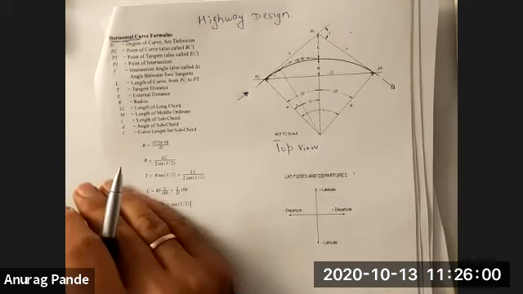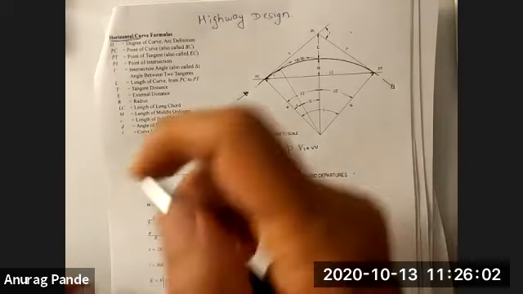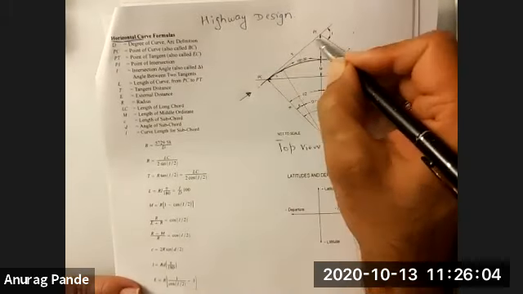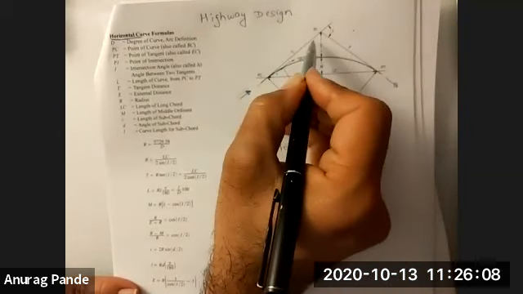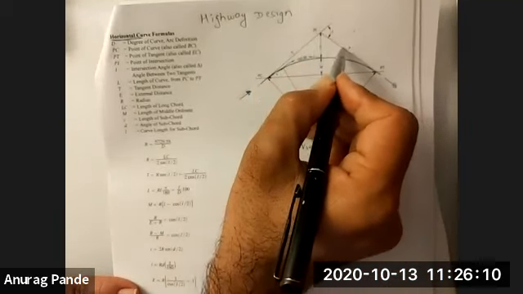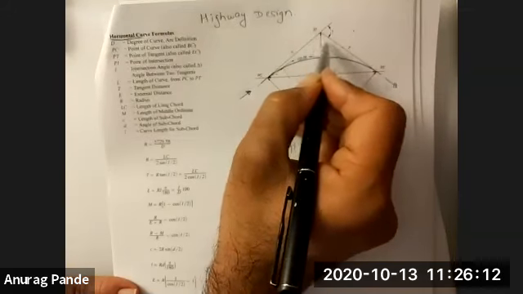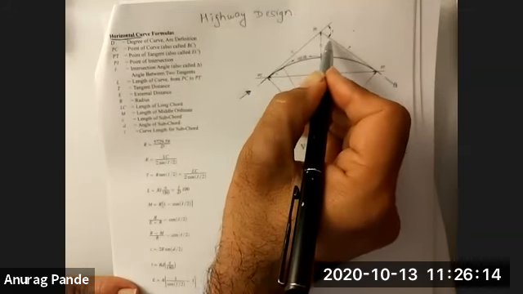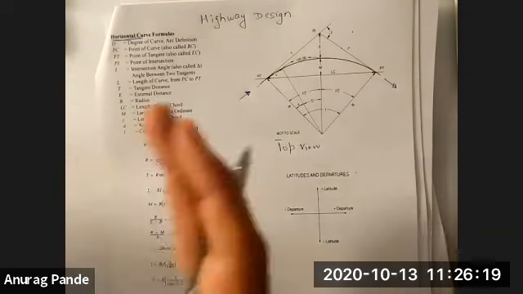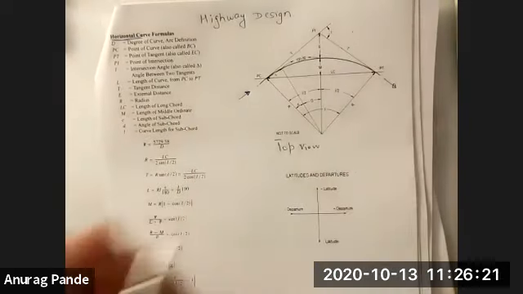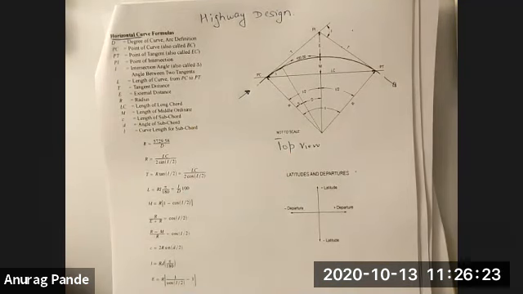Obviously, one way is you continue this tangent all the way, and continue this tangent all the way, and force the vehicles to make a turn here, maybe even more than a 90-degree turn. That means the vehicles will have to almost come to a stop or slow down to a very low speed and then make that turn.